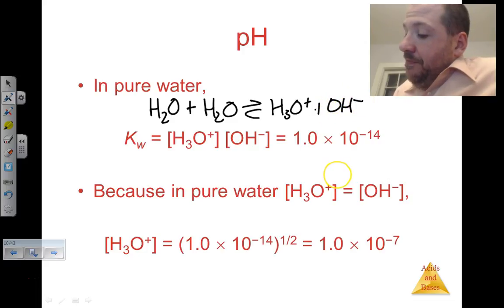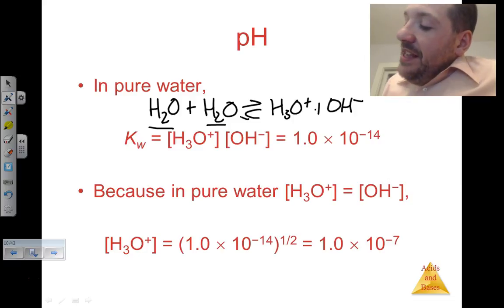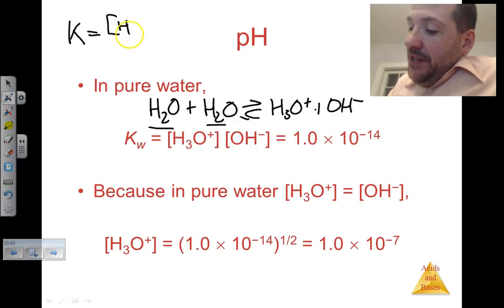Now that's important because let's keep in mind that these two things are liquids. Because this is in equilibrium and it doesn't completely ionize, it's not strong, we can write an equilibrium expression for this. And so we can write that K equals, again, products over the reactants. So it's the concentration of H3O+ times the concentration of OH-.